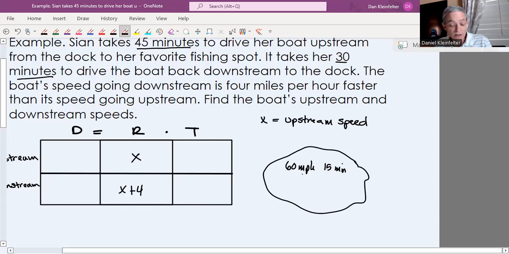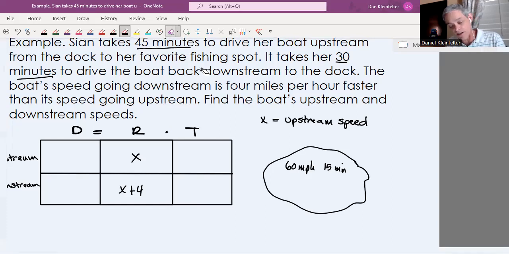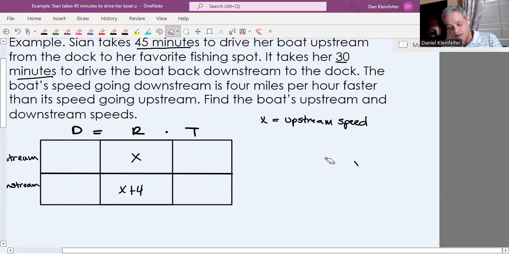So instead, you either need to figure out how many miles per minute you go, or you need to figure out what fraction of an hour 15 minutes is. And usually that's easier to go with, even if you don't especially like fractions. It's going to be easier than figuring out the number of miles per minute.